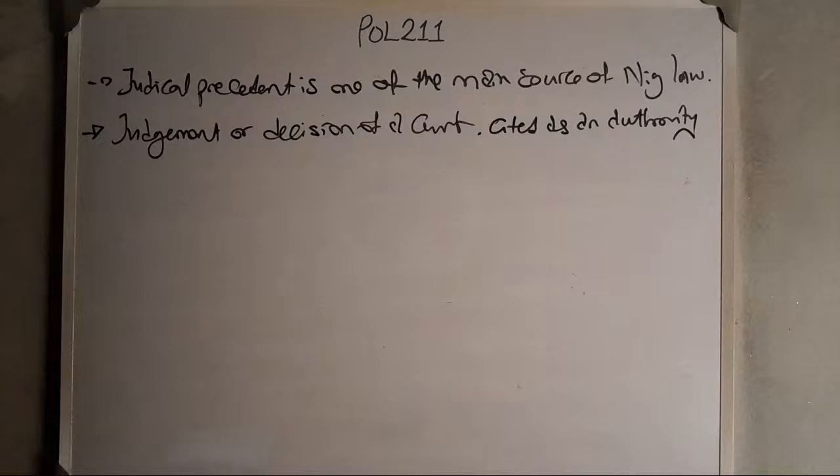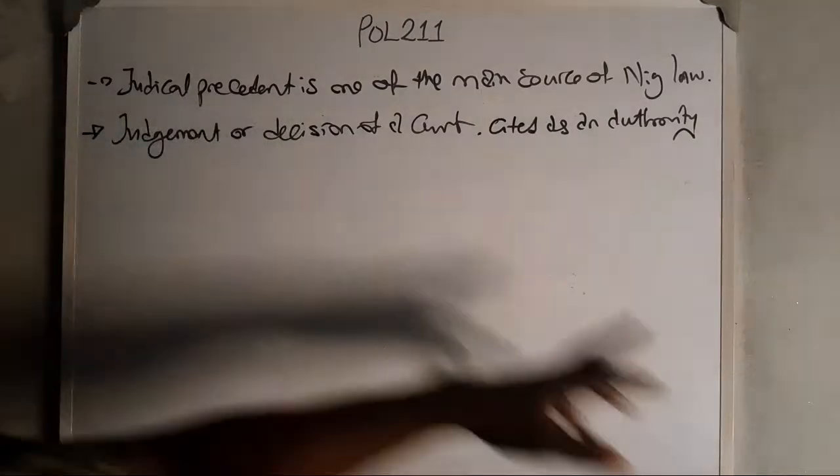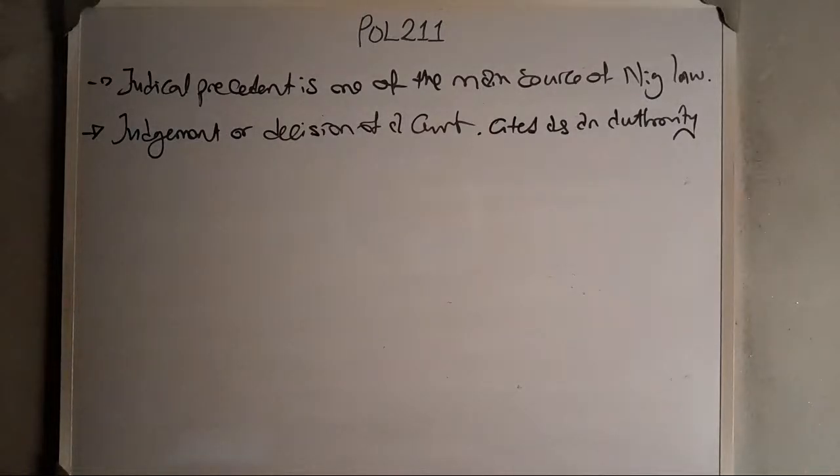Are we together? So it says here that it is cited as an authority for the purpose of persuading the court to decide a similar case on the same principle as the previous one.